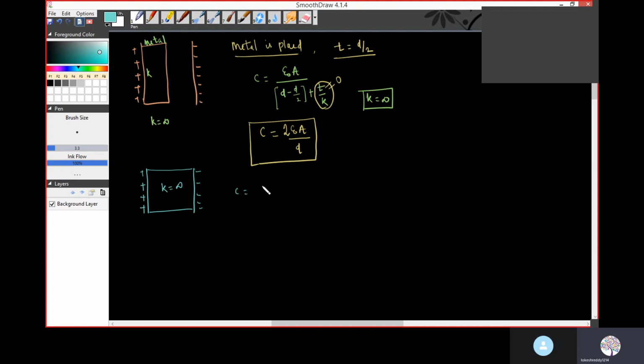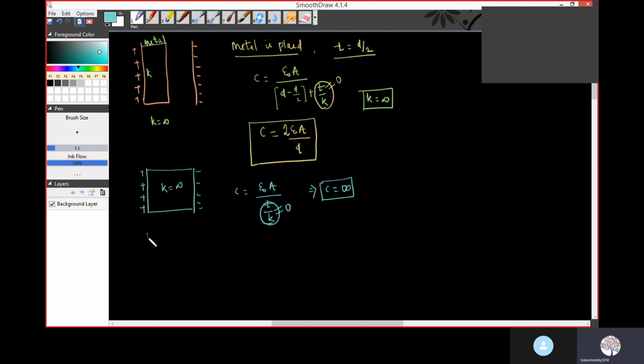Then C is equal to epsilon naught A by d minus d, which is 0, and t by K with K infinity is also 0. So the capacitance is 1 by 0, which is infinity.